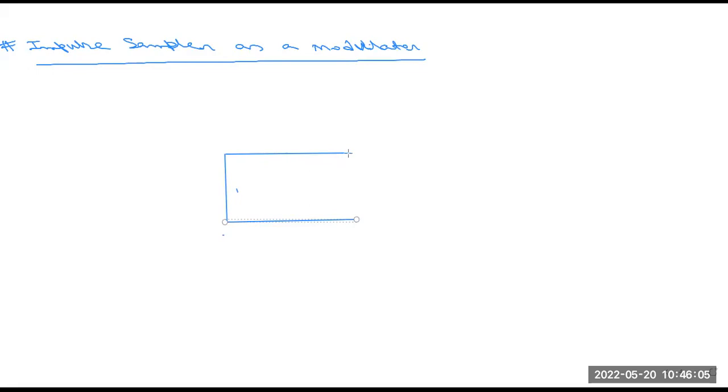This is a modulator block. This is the output. The input is coming, and one carrier signal we have to give to it.